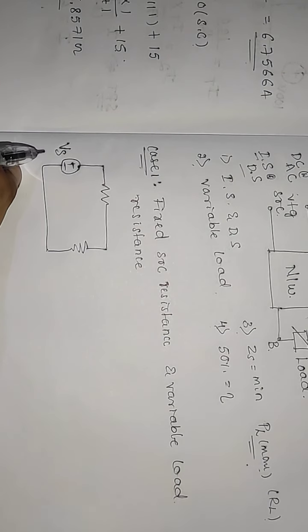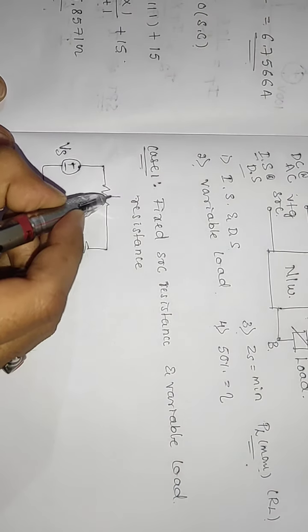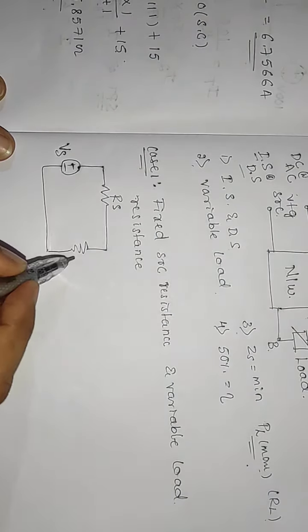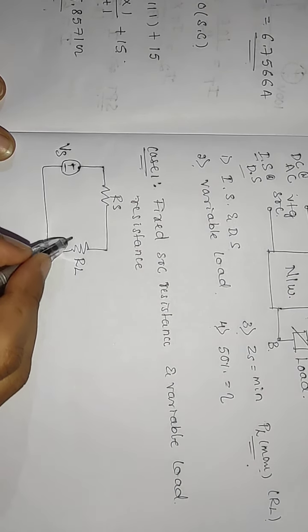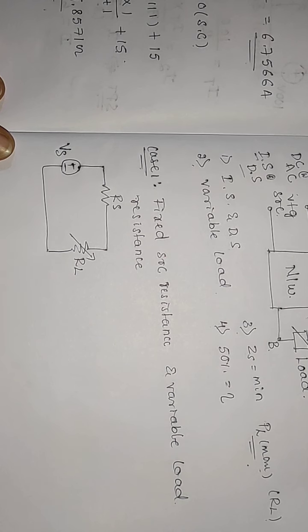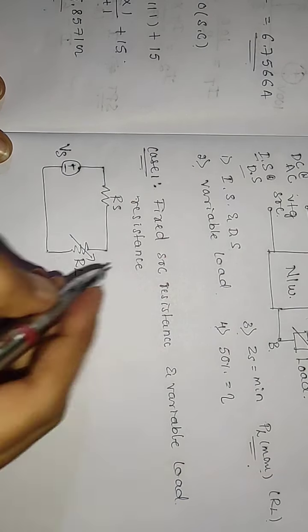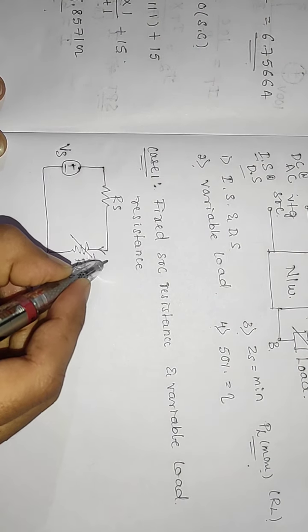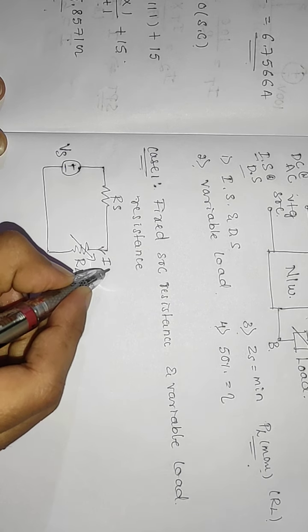So, a DC source Vs, source resistance Rs, and here a variable load resistor, that is RL. Here find the current across RL.